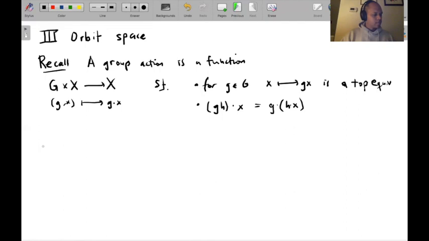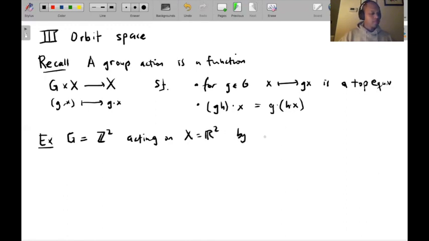Okay, so some examples to keep in mind. Let's take G to be Z squared, acting on X equals R squared by translations. So an integer pair (n, m) acts on a point (x, y) by translating like this.